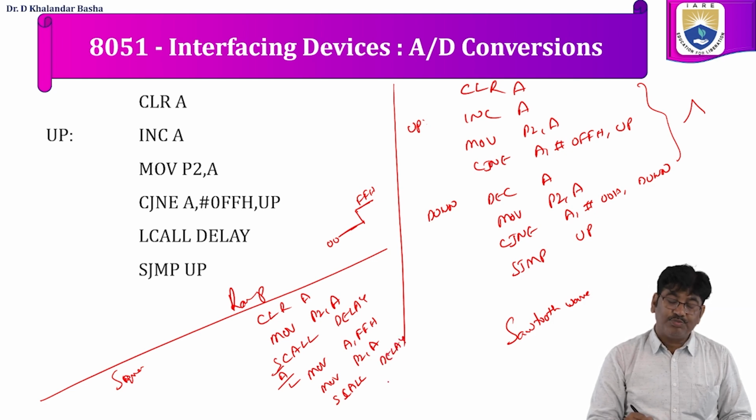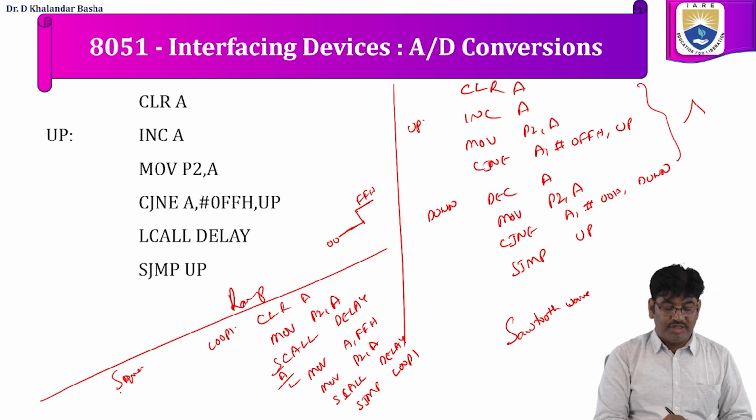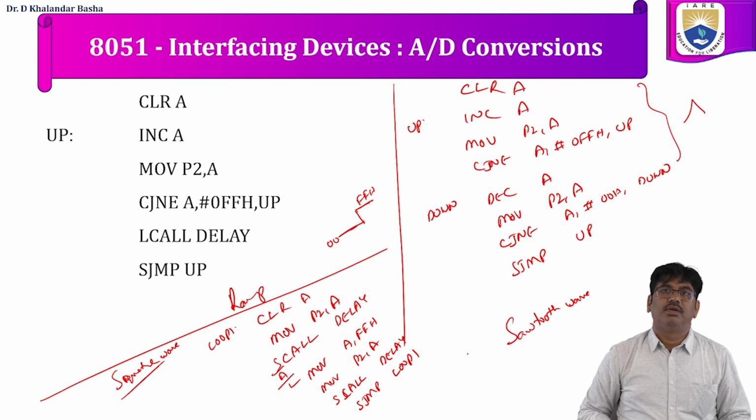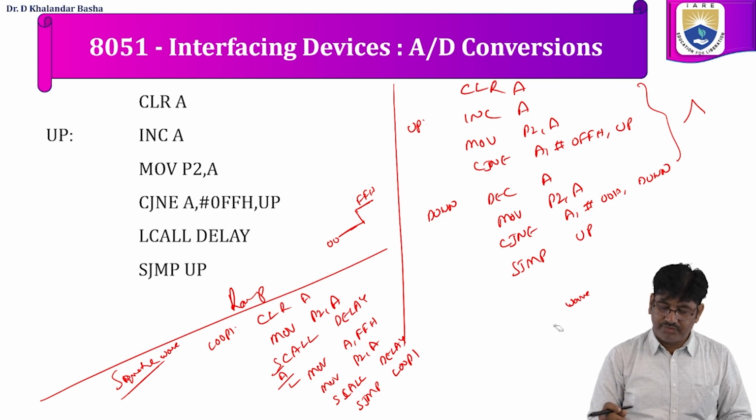So now this program will generate only one pulse. If I want a repeated pulse, SJMP, some label. I'll write loop 1, where I have to place loop 1 at the beginning. Now this program will generate a square wave. So these are 3 programs for ramp generation, sawtooth waveform generation, and triangular wave generation. This is the triangular wave. Ramp or sawtooth wave are the same.